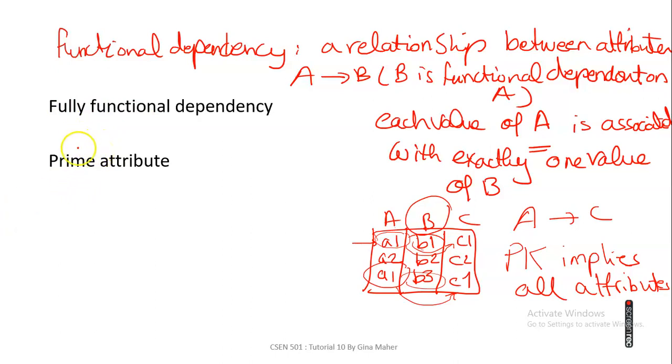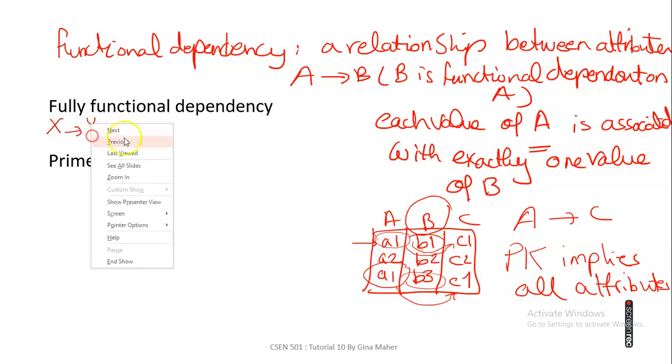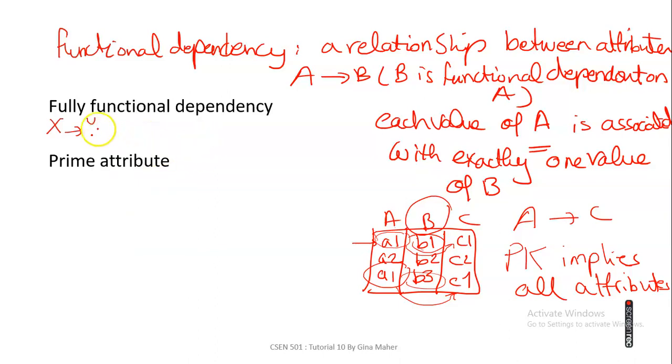We say that X implies Y and Y is fully functional dependent on X if Y is not functional dependent on subset of X.